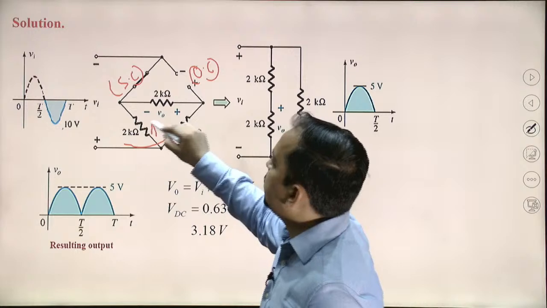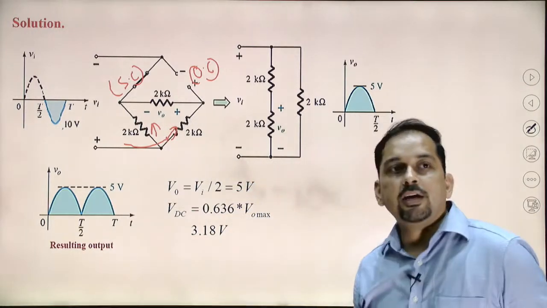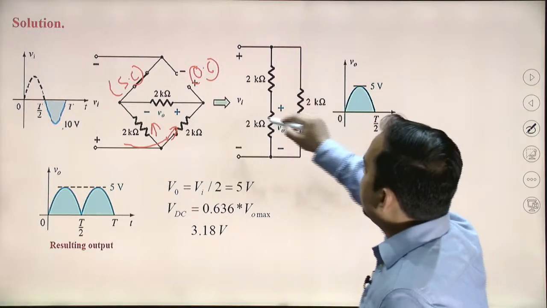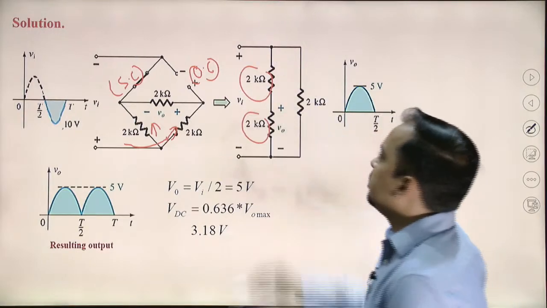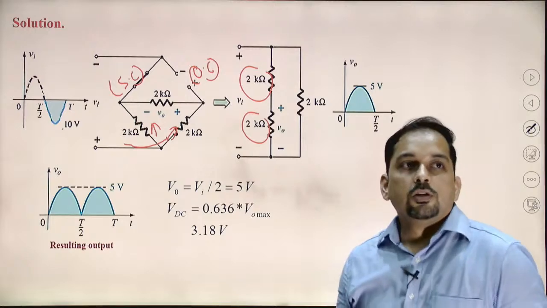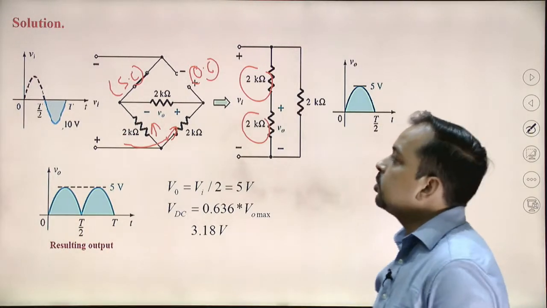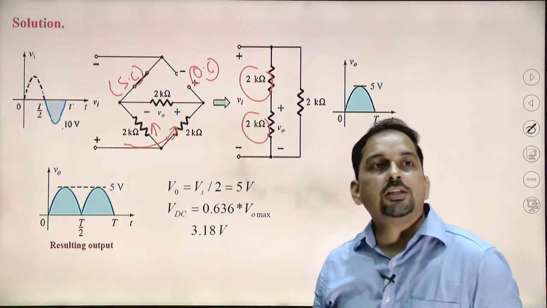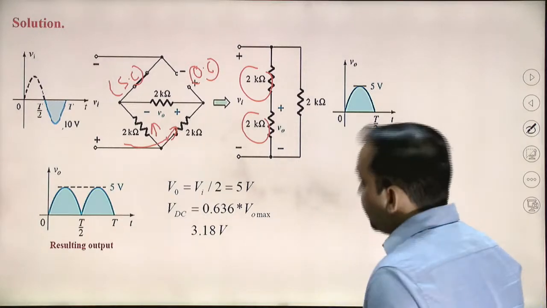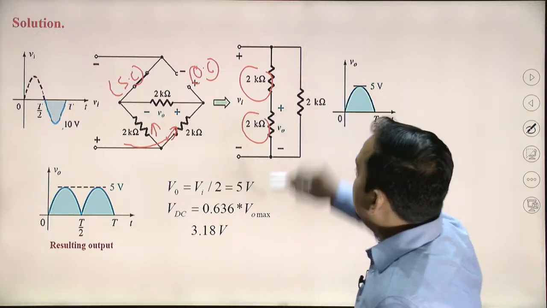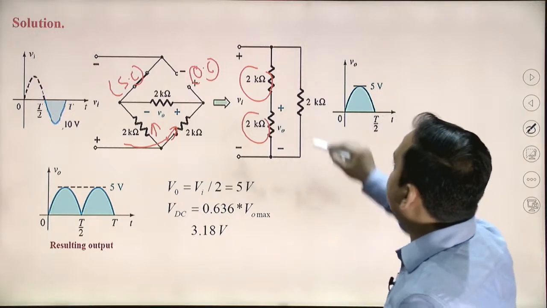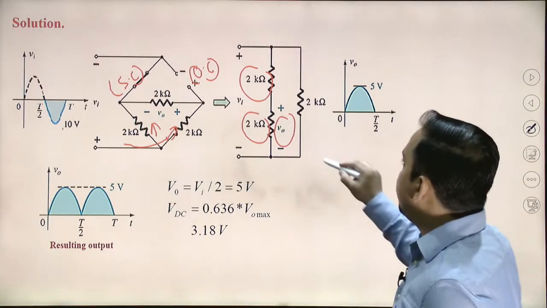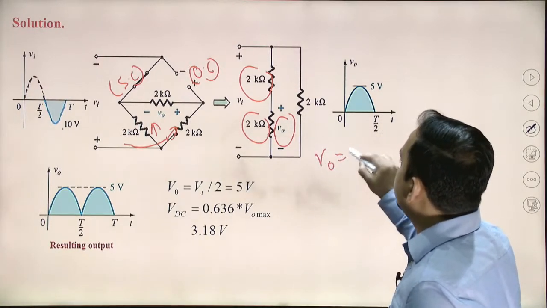It will go in these two branches, the current gets divided, and again it appears that both the resistances are in series. So if 10 volt is applied at the input side and two resistances are in series, as we have already seen, the voltage gets divided, and we can easily calculate that the voltage across the second resistance is 5 volt. V output equals 5 volt.